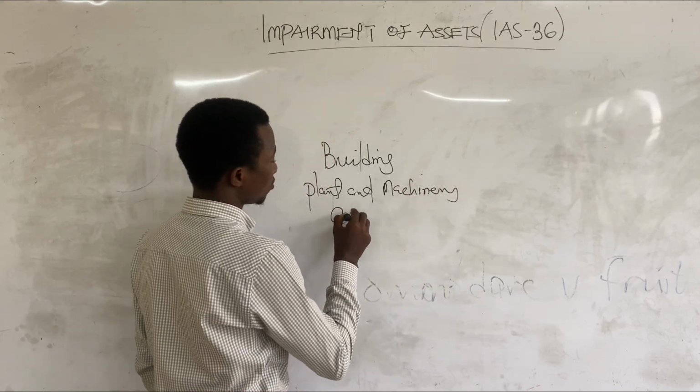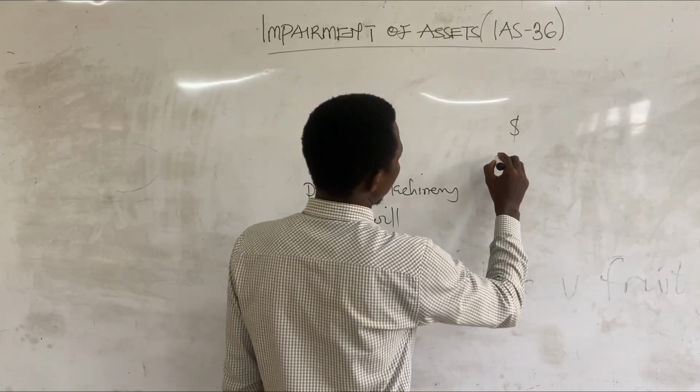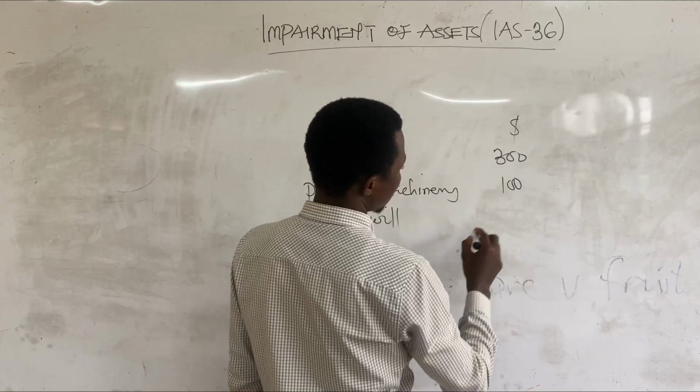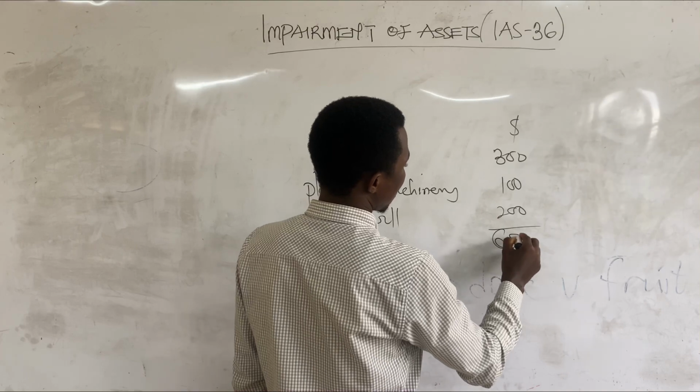Let's say we have goodwill. Let's say we have $300, $100, then we have $200, making a total of $600.